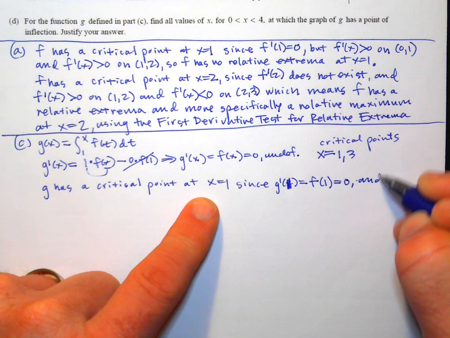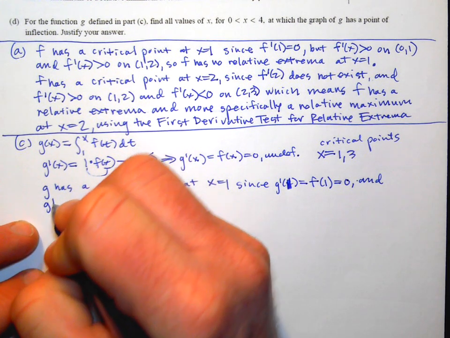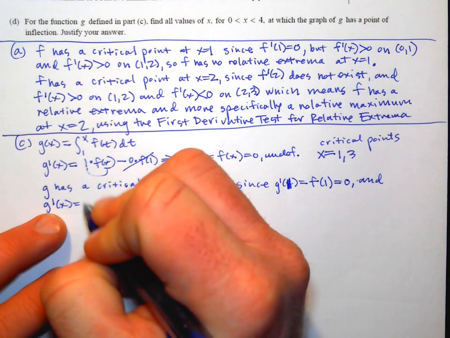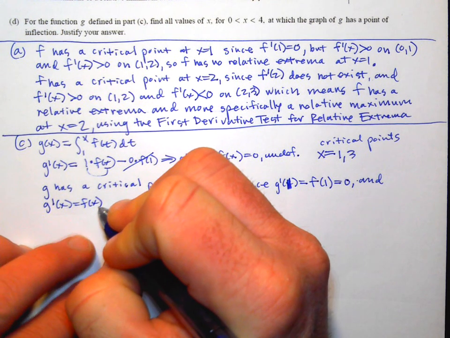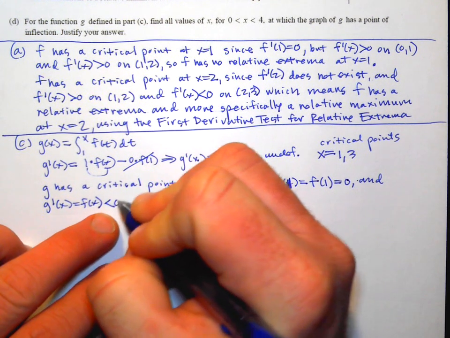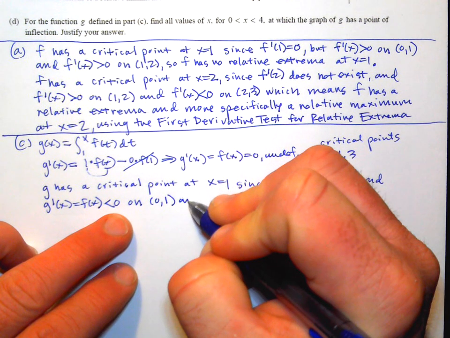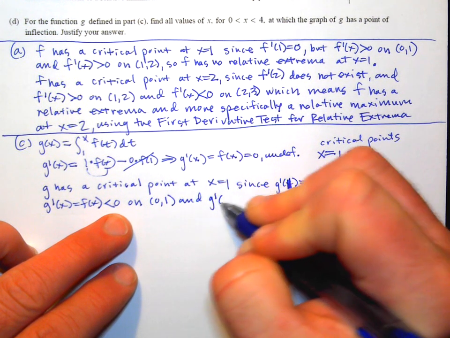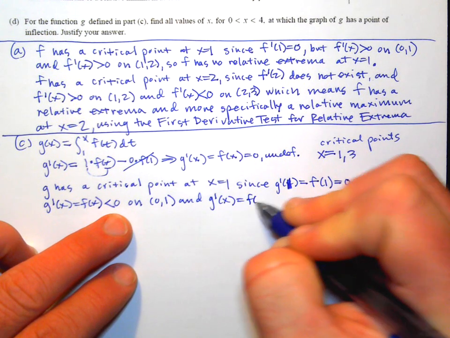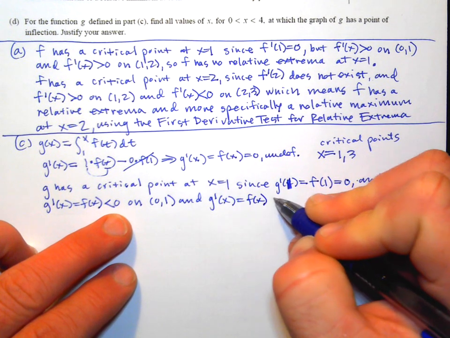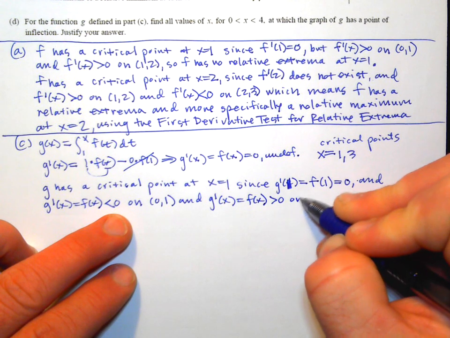And G prime of x, which equals f of x, is negative on the interval directly to the left, 0 to 1, and G prime of x, which equals f of x, is positive on the interval directly to the right, 1 to 2.